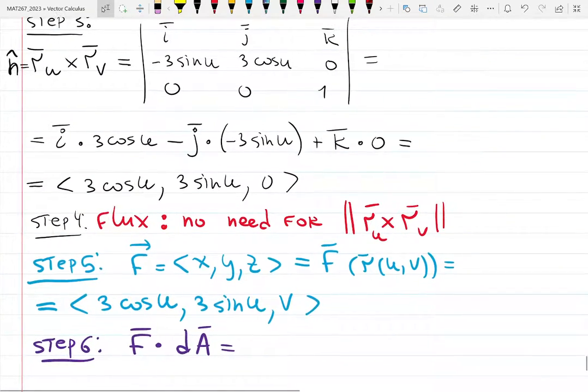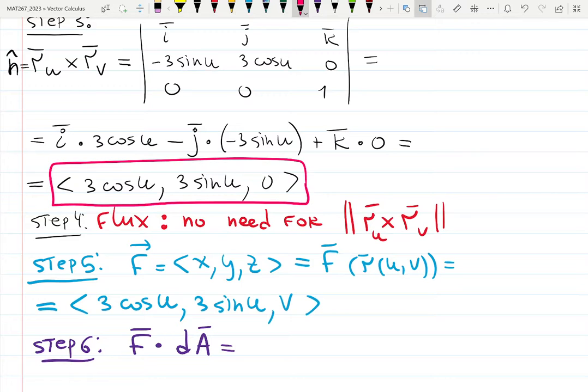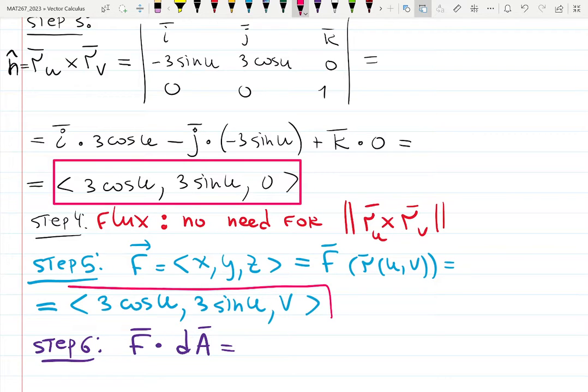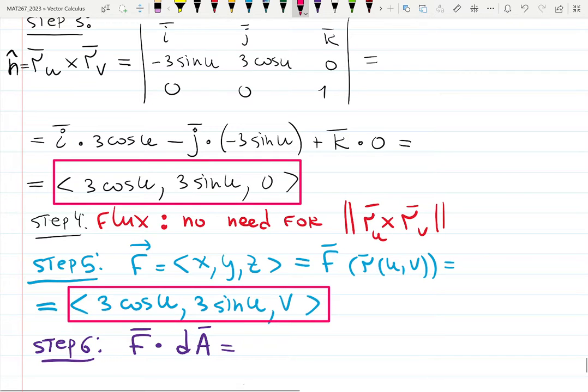So let's put them in the boxes. I will multiply my n, which is the normal vector, by f. And it's going to be a dot product, not the cross product. So n with a hat, normal vector, and f, that is the vector field.